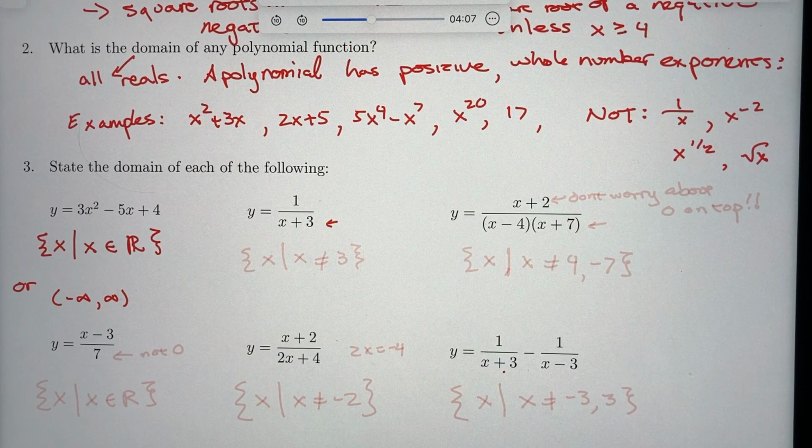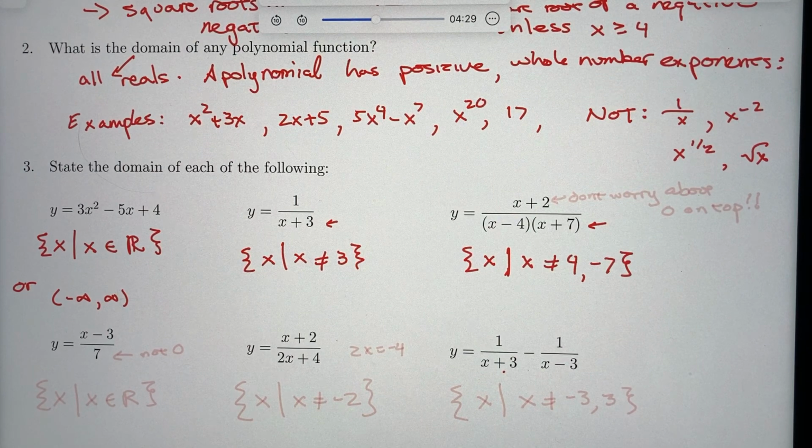This one, the denominator can't be negative 3, so my domain is anything except negative 3. Oops. This one, the domain is anything except 4 and negative 7, because that's where your division by 0 is.